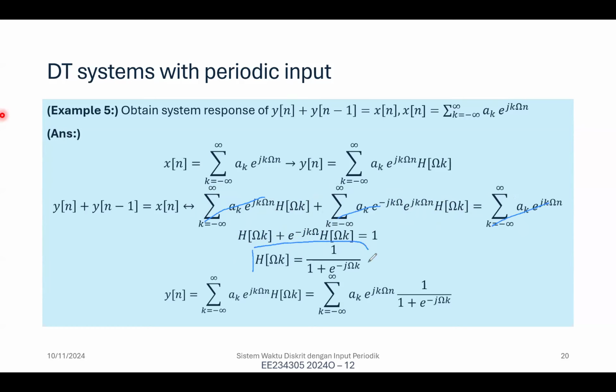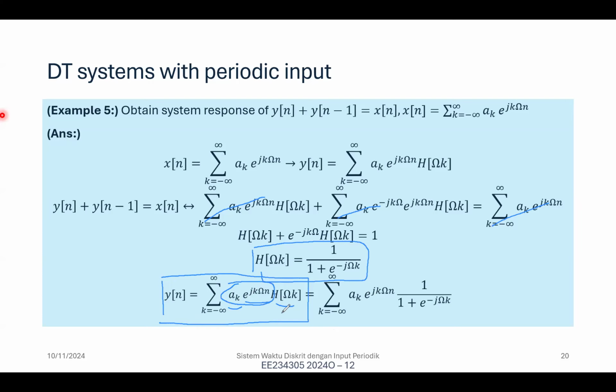Now we have H(ω_k) is 1 over 1 plus e to the jω_k, and y[n] here is the sum of a_k times e to the jkω n times H(ω_k).